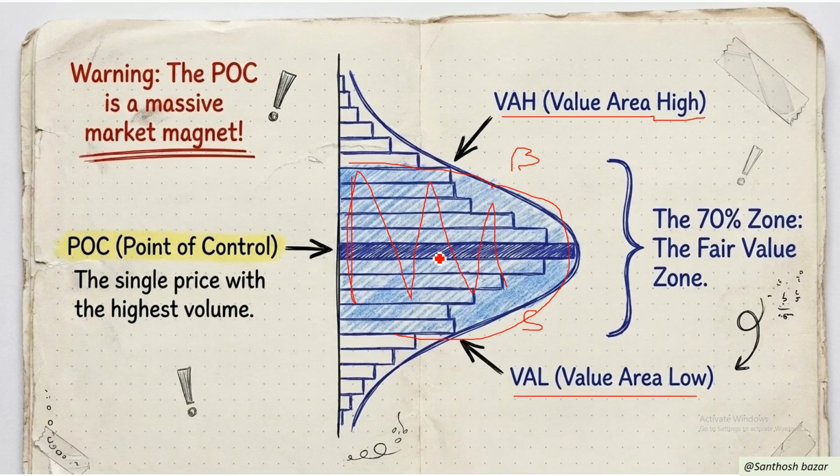So now, value area high and value area low. What do we mean by value area high and value area low? These are the upper and lower boundaries of this value area.